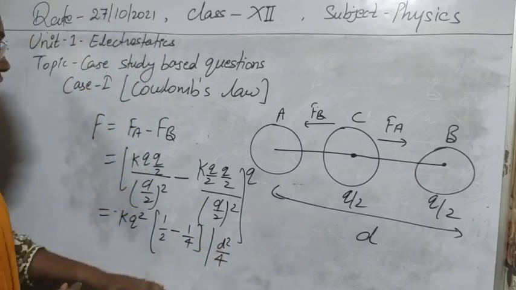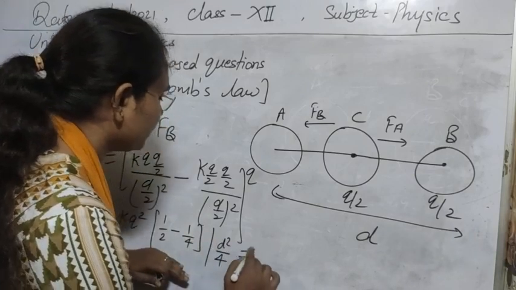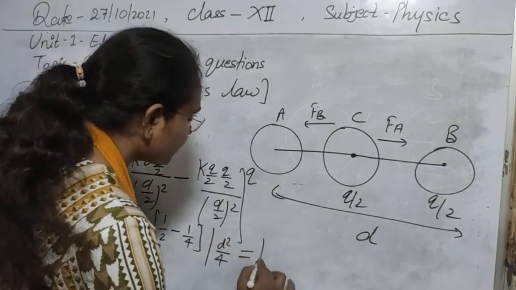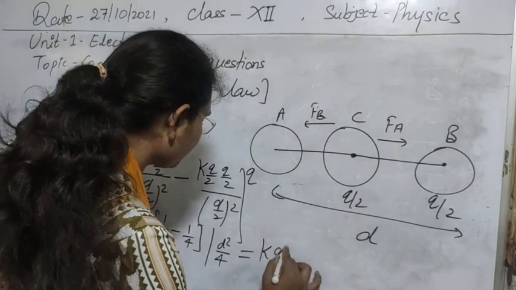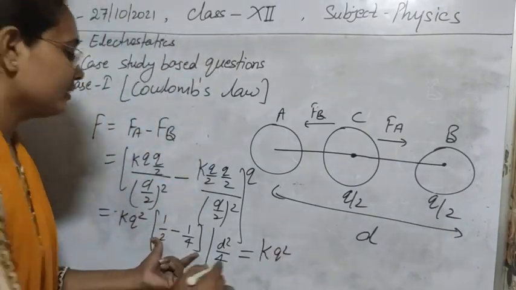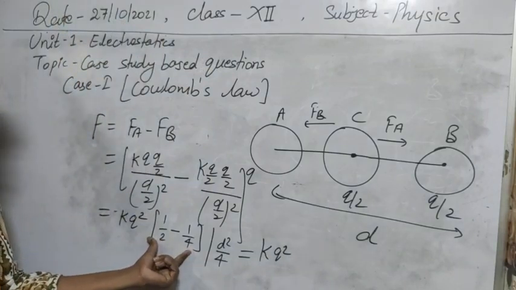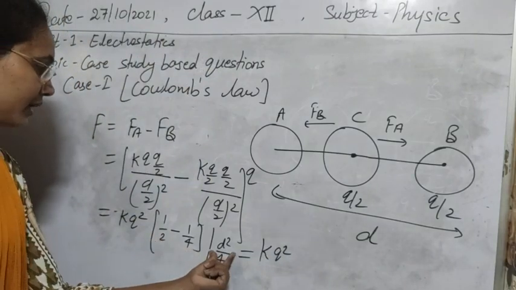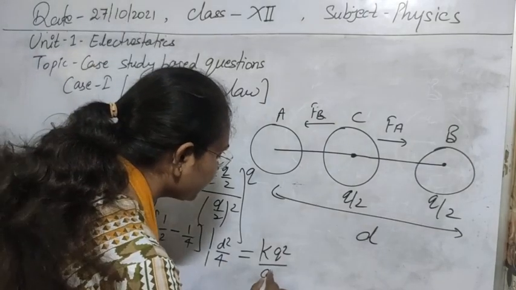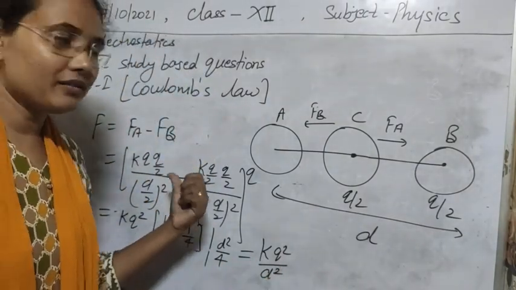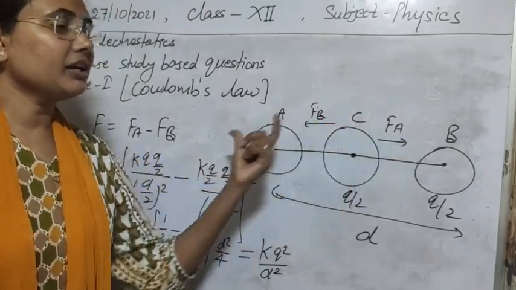Now solving, this gives the net force. It will be KQ square, and the 1 by 4 and 1 by 4 cancel out, leaving KQ square upon D square. This is the value of the force we calculated before between A and B.